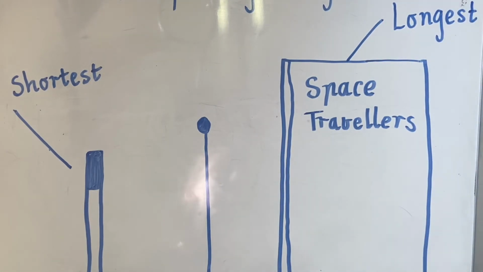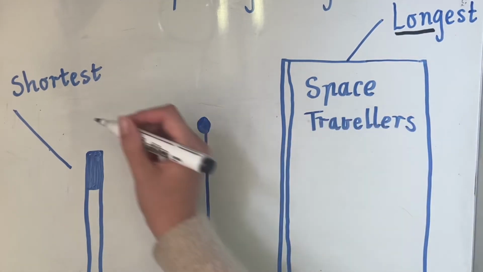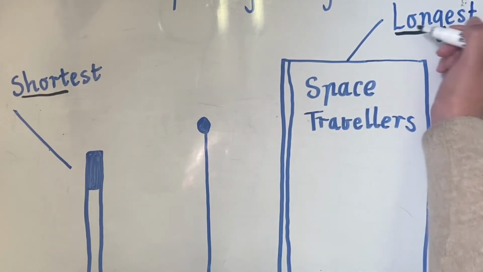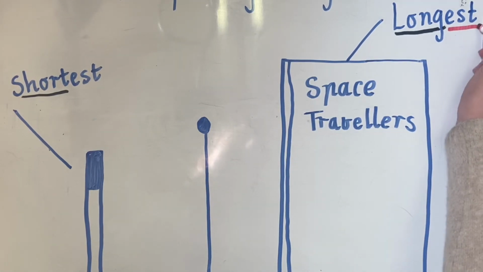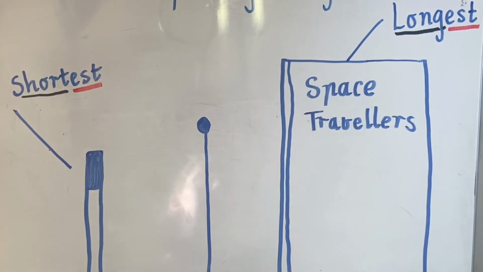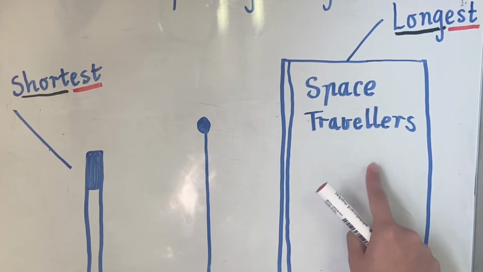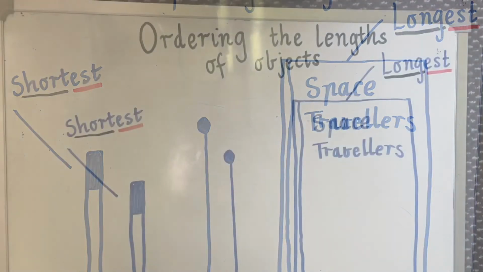You can see the words long and short in both of these words, and then they've both got the est on the end. That means there's no object that is longer than this one on here, and no object that is shorter than this one on here either.